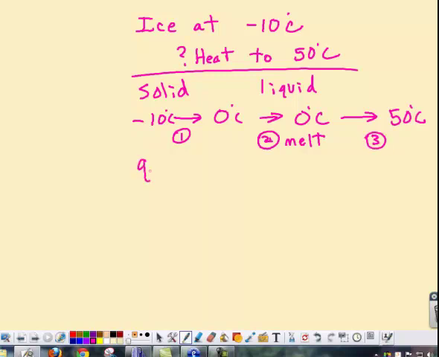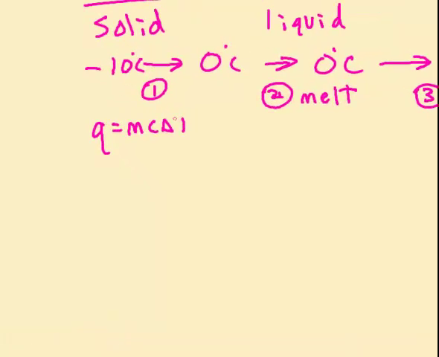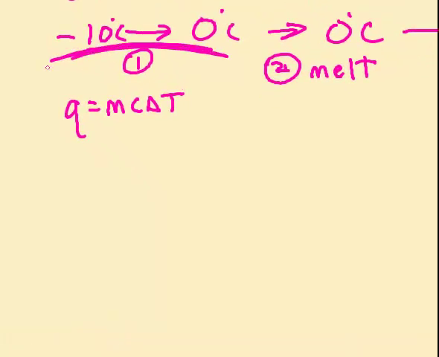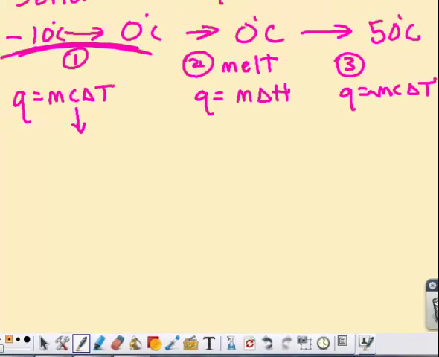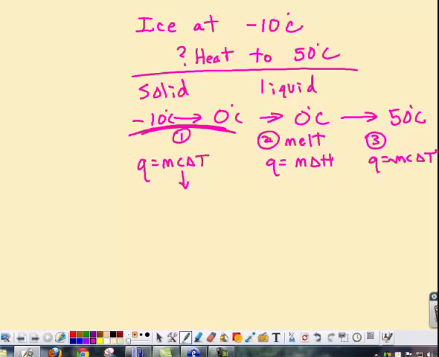So we have Q is equal to mc delta T, changing the solid water. So we need to know the specific heat of ice, which is not the same as the specific heat of liquid water. Then Q is equal to m delta H, where we melt. And then Q is equal to mc delta T, where we change the temperature again.